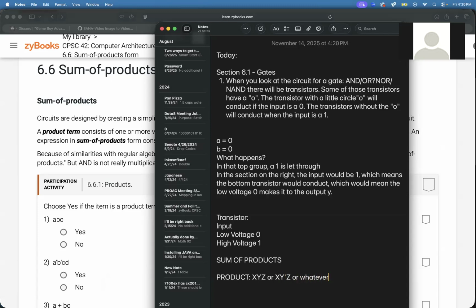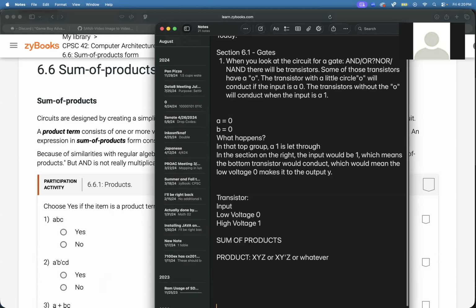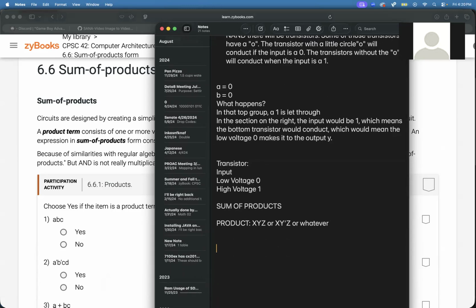Those are products because they're written as multiplied. So if you had a sum of products, it would just be terms like these added together. That'd be like XY plus Y prime Z plus XZ, whatever. That's a sum of products. Each term is a product, and we're writing them with sums.